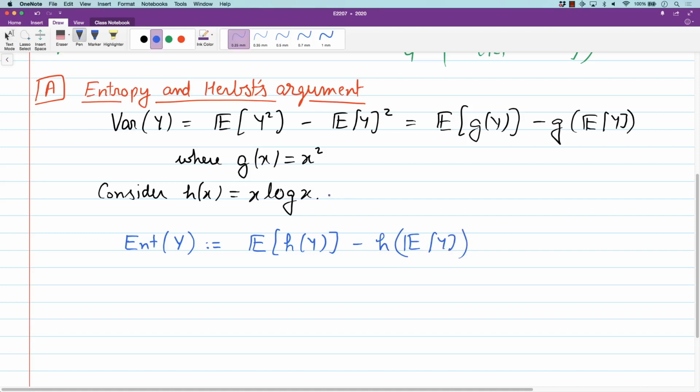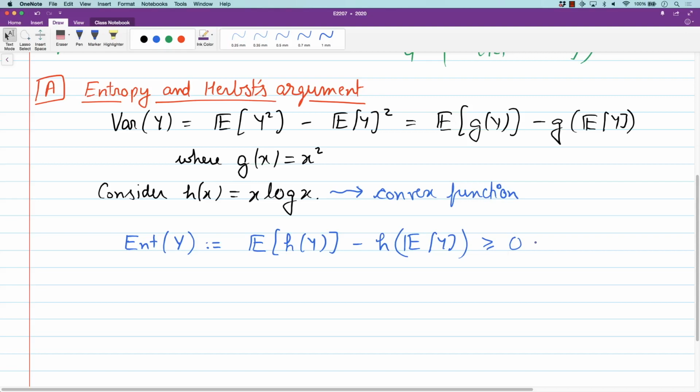Note that this function h is a convex function, and therefore this quantity is non-negative.